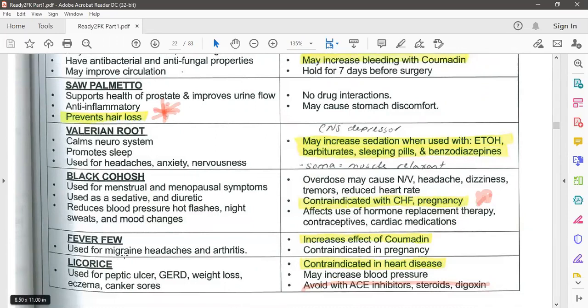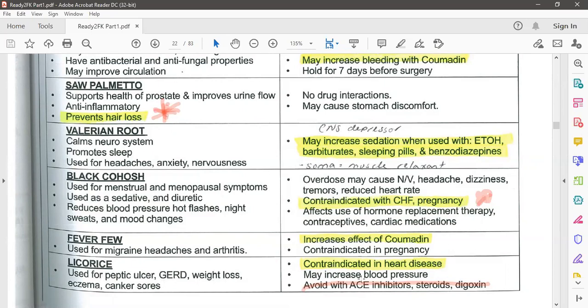Another one is called feverfew. Feverfew is used for migraine, headache, or arthritis pain. Increases the effect of Coumadin, contraindicated in pregnancy. And licorice is used for peptic ulcer or GERD. GERD stands for gastroesophageal reflux disease. Weight loss, right?